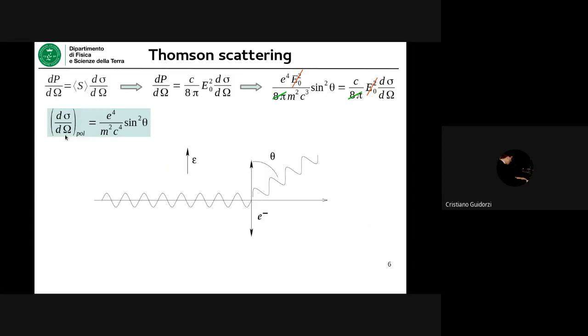So this is a special case. When a linearly polarized wave just crosses a region where you have a free electron, that's the differential cross-section. One thing to note: there is a sine squared theta dependence, so the ability of the electron to scatter radiation depends on the direction of scattering.